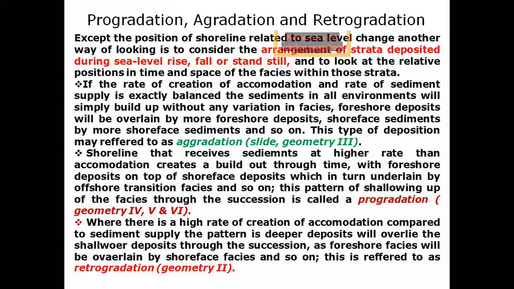And retrogradation, where the accommodation space is much more compared to the supply of sediment, and in that case deeper deposits will overlie the shallower deposits, which is a fining up sequence. So these are the three patterns which give you some idea about the change of shoreline. But still there might be some questions related.